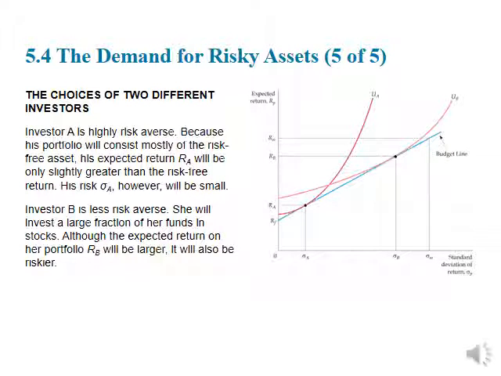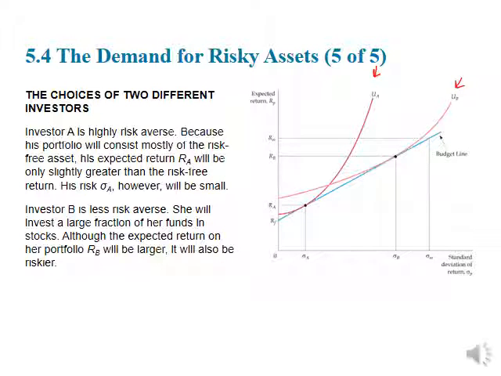So how much risk is someone willing to bear? That just depends on their preferences. And two different investors might be willing to bear two different amounts of risky assets. Remember from last lecture that more risk-averse people have steeper risk indifference curves, and more risk-loving, more risk-seeking people have flatter indifference curves.